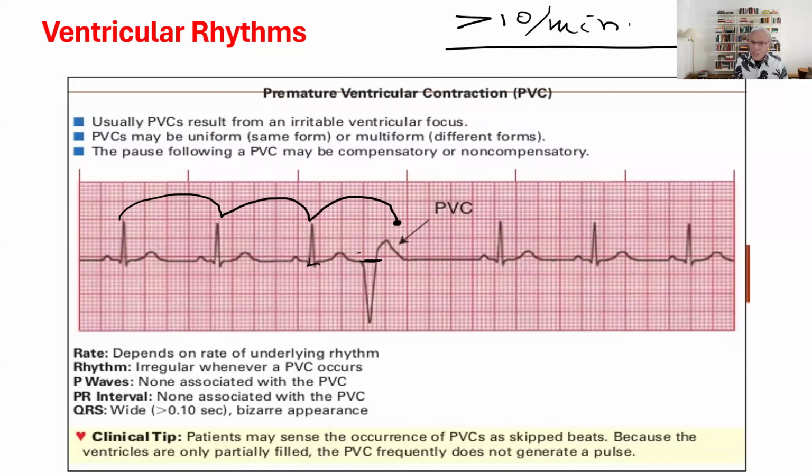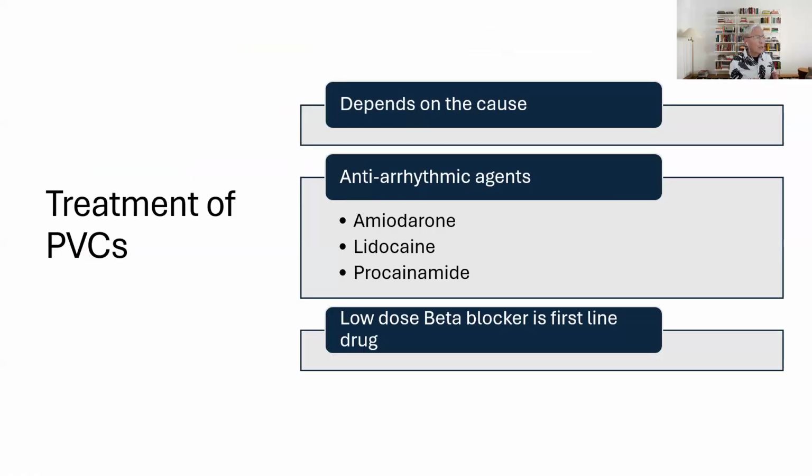And so what is the treatment? Well, the treatment depends on the cause. And the reason for that is it could be caused by electrolyte abnormality, in particular potassium problems. If you have hypokalemia, for example, or hypomagnesemia, it could cause PVCs.